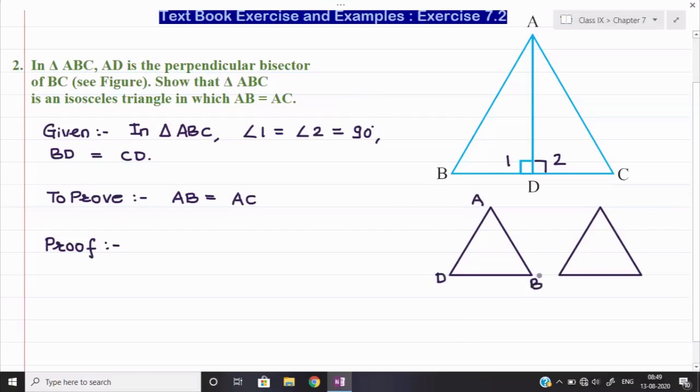You need to decide the names of the two triangles on your own, and not only the names, you need to decide the names under one-to-one correspondence. Don't worry if your sequence is mismatched, since you are making the two triangles separately. That's why you will always observe whether the sequence is coming properly or not. Sorry, here I have given the name wrong. This point will be D and this point will be C. Let us see whether our sequence is correct or not.